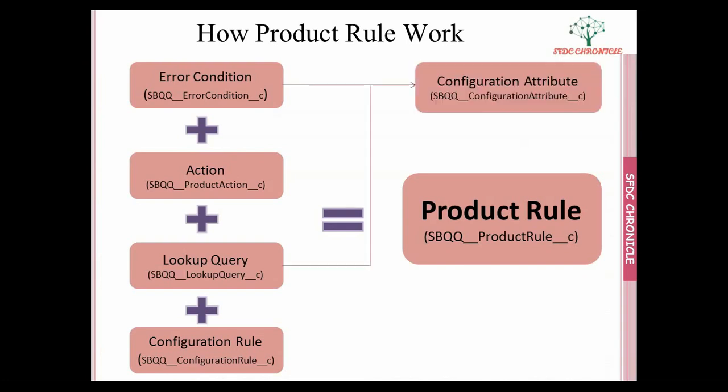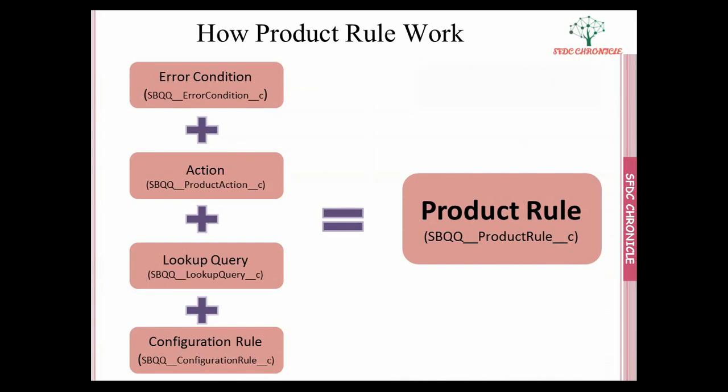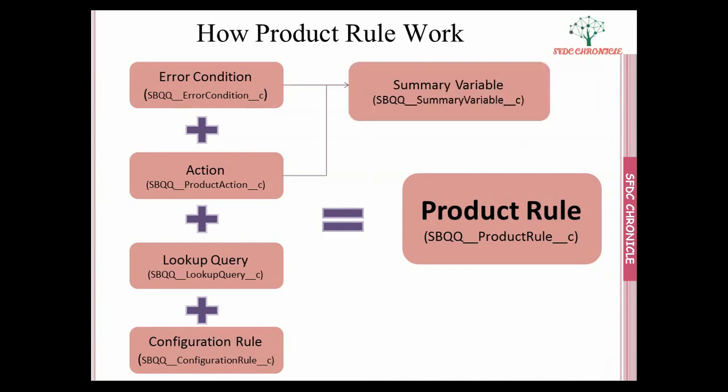That is configuration attribute, and the second one is summary variable. Now, how to use those and when to use those, how it will work in Salesforce, we will show you all the steps in this video.